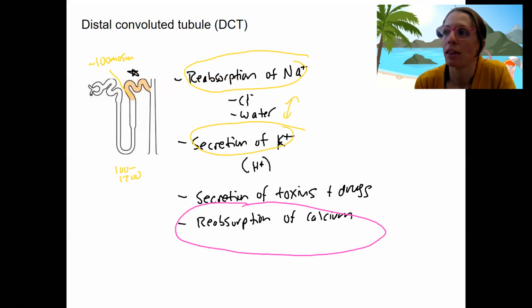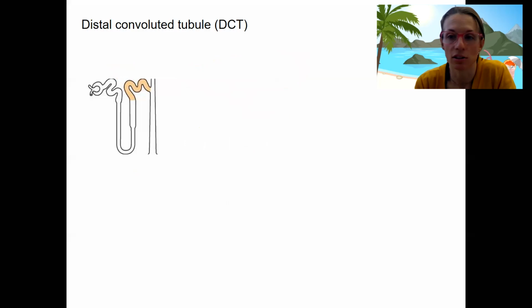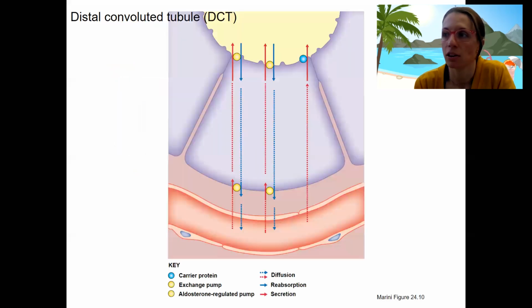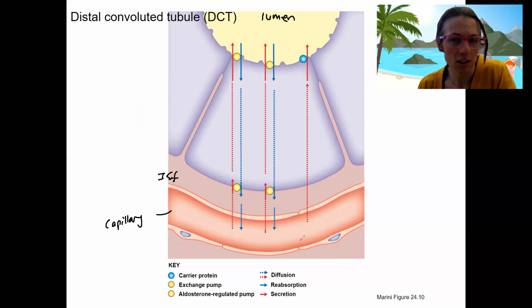So let's look at this process in our cells. Here is a familiar picture with our epithelial cell, our lumen, our ISF, and our capillary. And I already have some processes labeled here in terms of reabsorption and secretion. So what things do we want to secrete again?